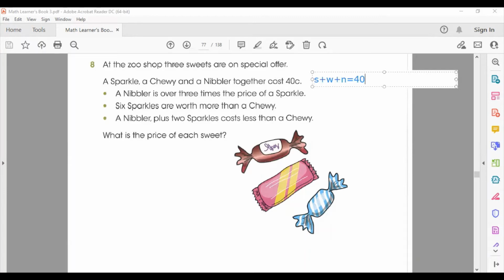These three together cost 40. Now nibbler is over 3 times, so we can write: nibbler is greater than 3 times.